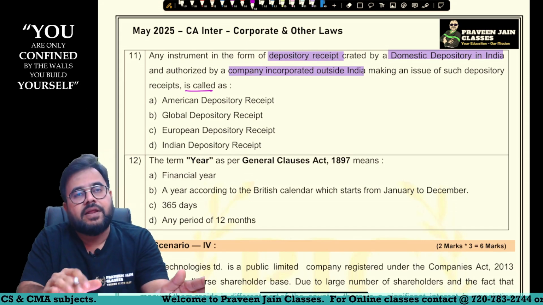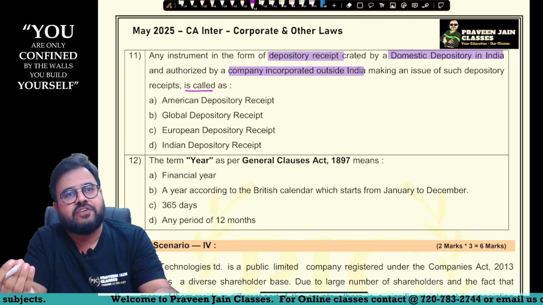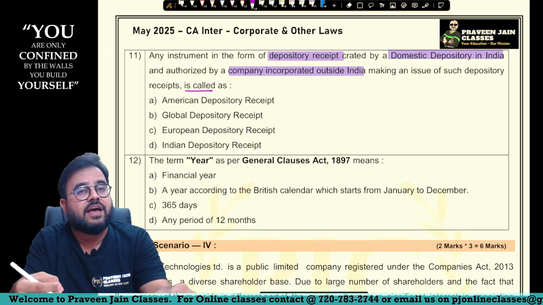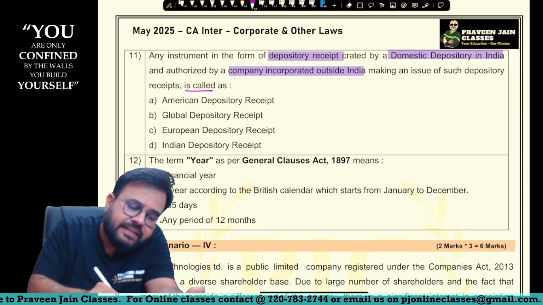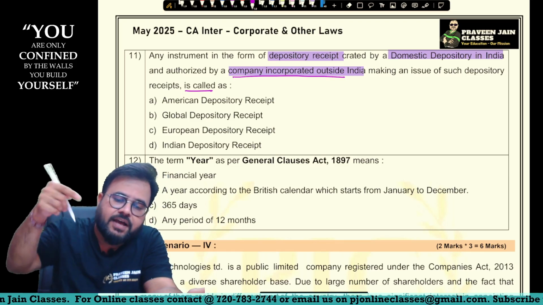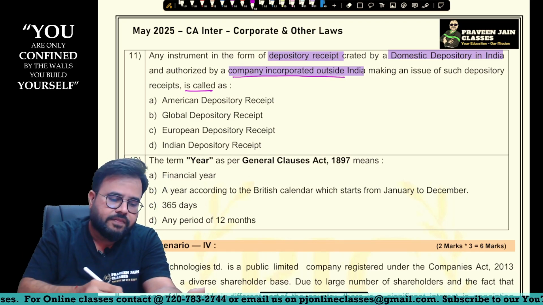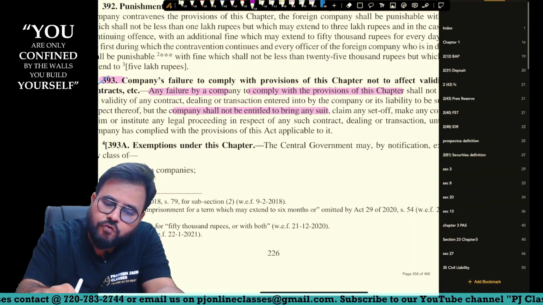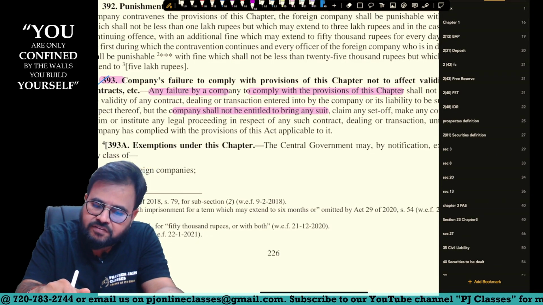Remember, if an Indian company is issuing depository receipts outside India, then that could be GDR or ADR, depending upon the countries where they are issuing. But because it is done by a company incorporated outside India and it is being issued in India, obviously it should be nothing but IDR. For this also we can refer to the definition section, sir.